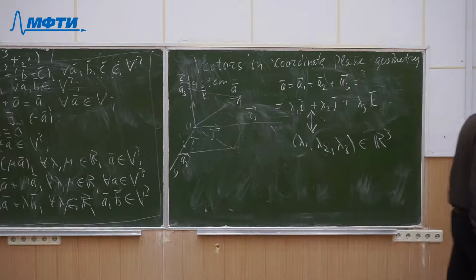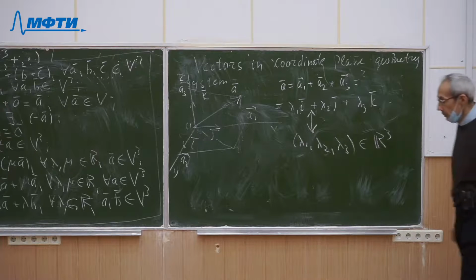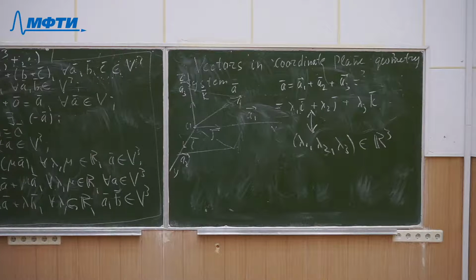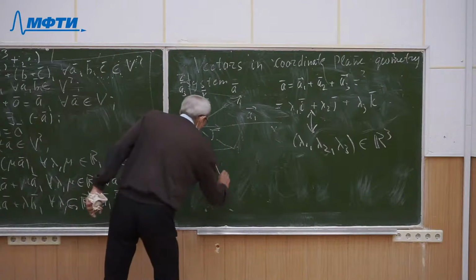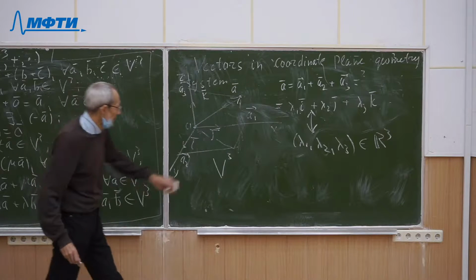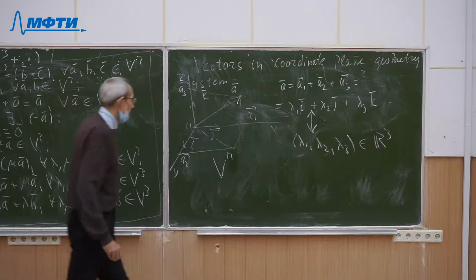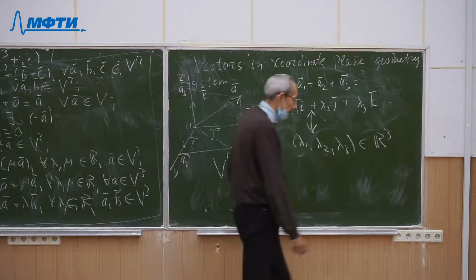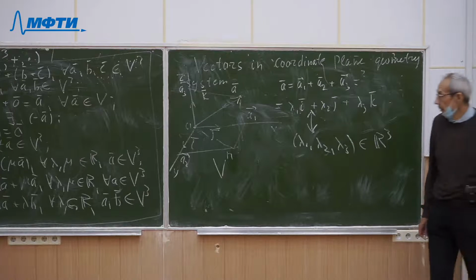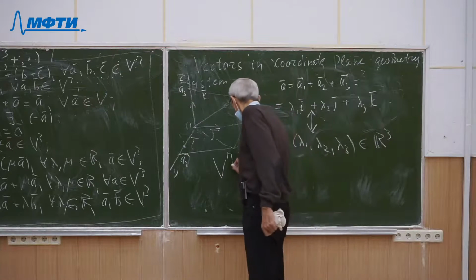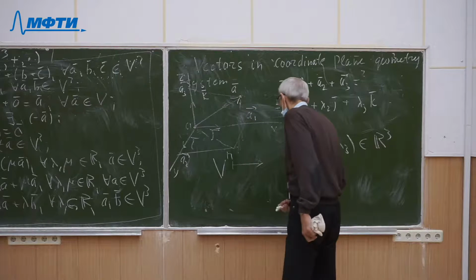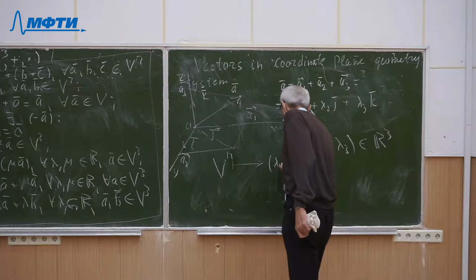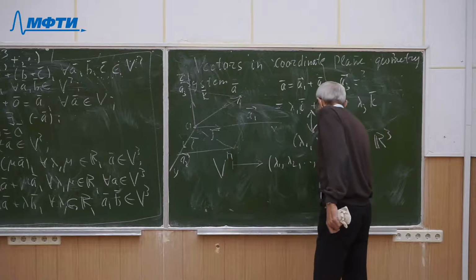And we can use the abstract point of view and consider an arbitrary n. Such an imagined vector space, the element of this space, we one-to-one correspond to the n-tuple lambda 1, lambda 2, lambda n.